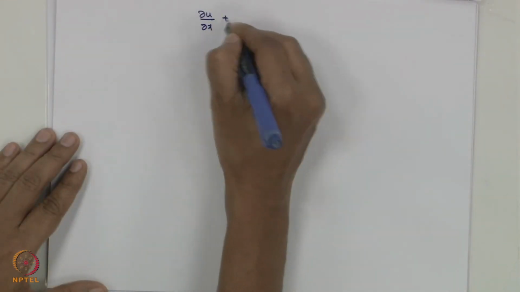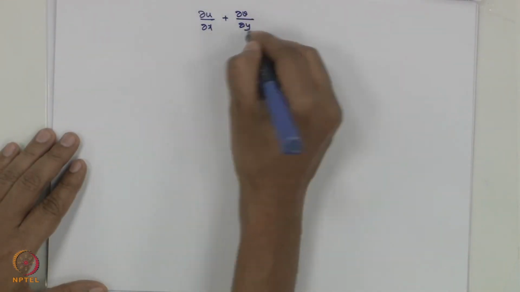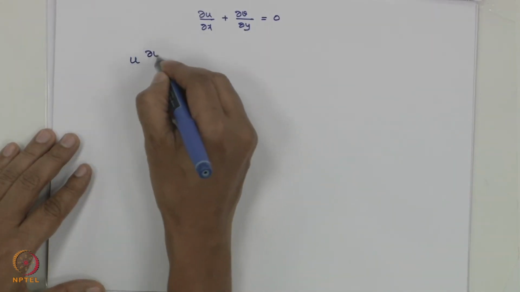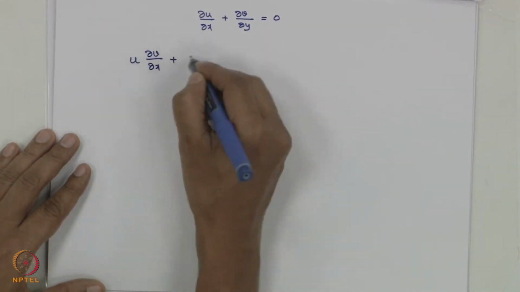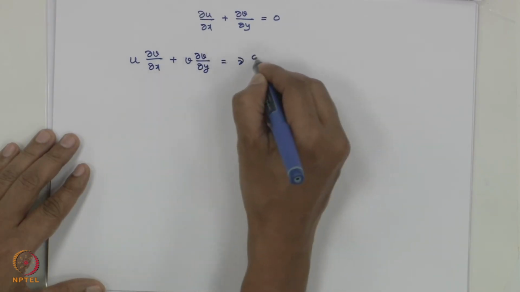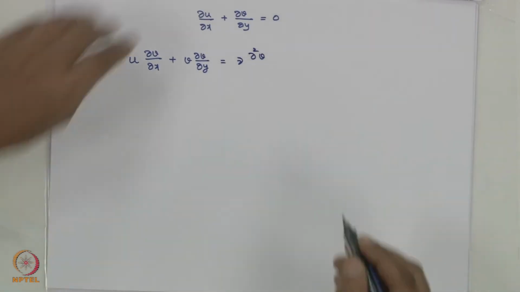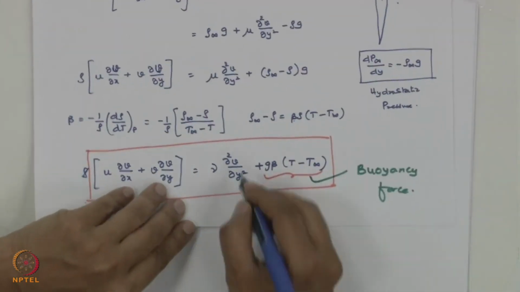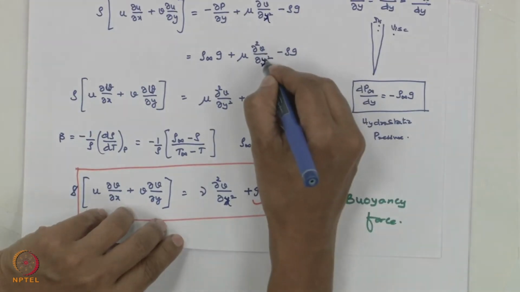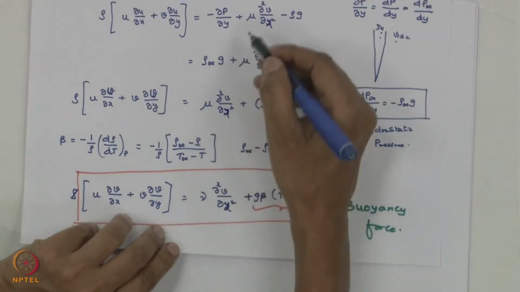We have the equations. I will rewrite them once again so that we are summarizing. Del u by del x plus del v by del y equal to 0, and u del v by del x plus v del v by del y equal to nu del squared v by del x squared. I made a mistake in the previous equation, this is x squared, I am sorry about that.